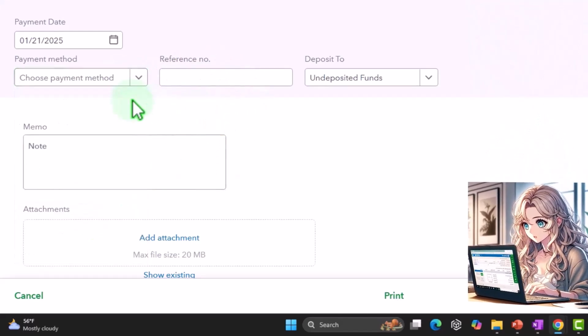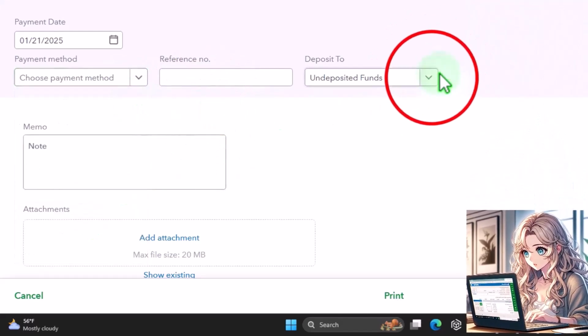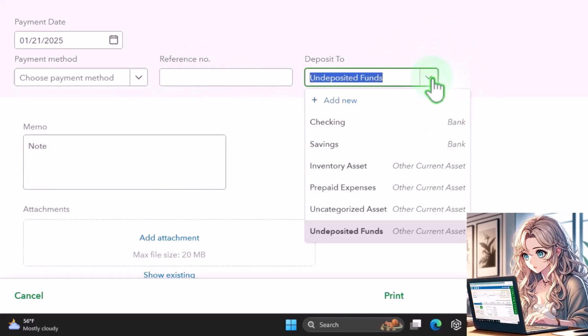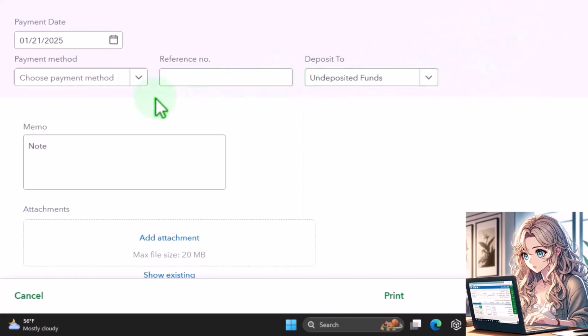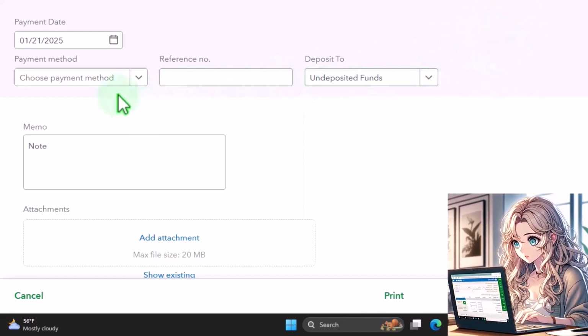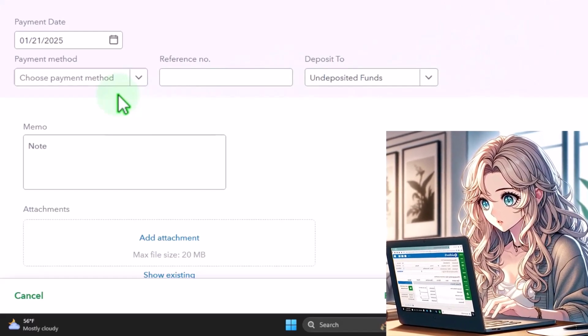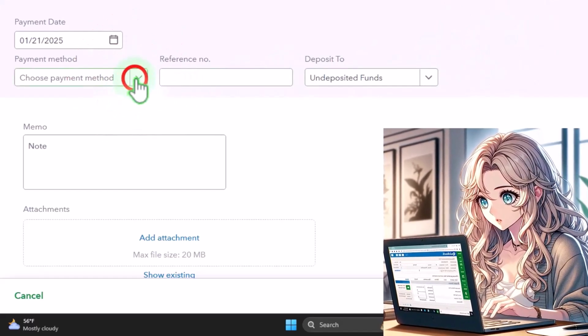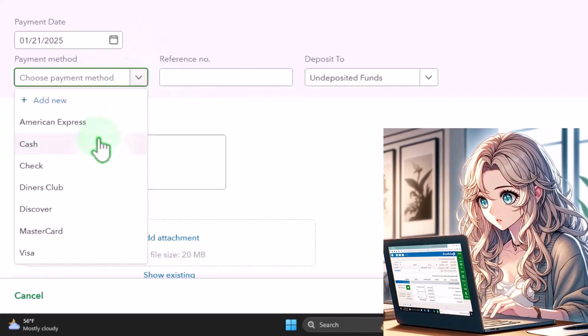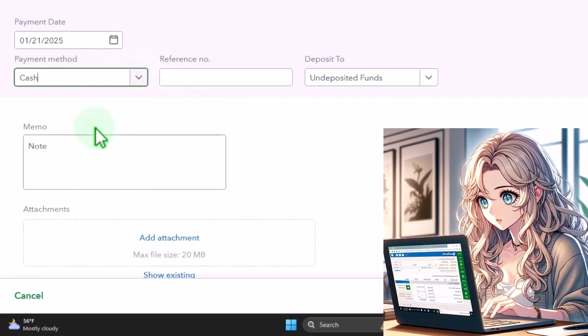Now this doesn't change the transaction because I'd still be depositing it either into undeposited funds or into the checking account typically, but it's giving us a filter field which will help us to group things together. If they pay us with cash, for example, I'd like to know all the cash payments, because what I'm going to do at the end of the day is take all the cash that I have in the register and deposit it into the bank.